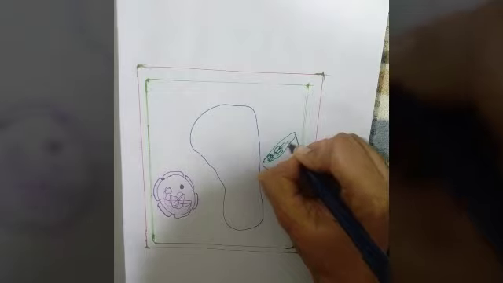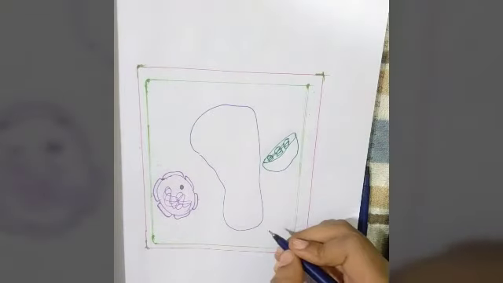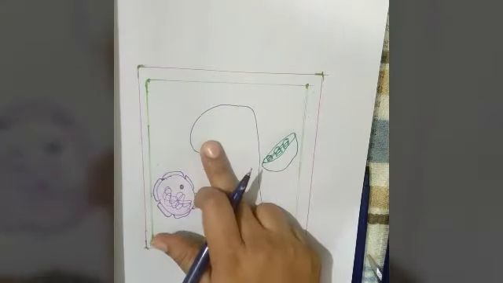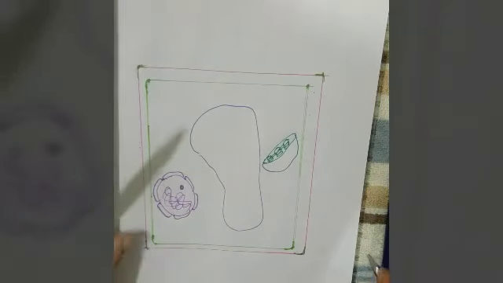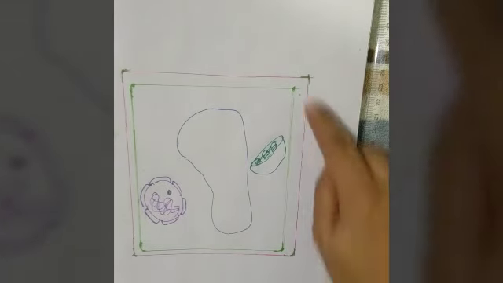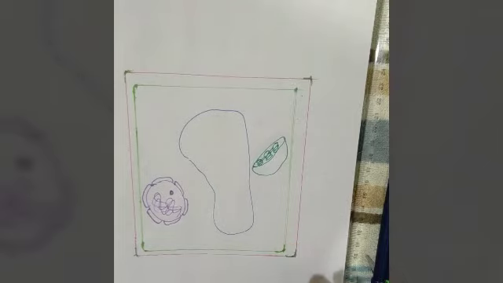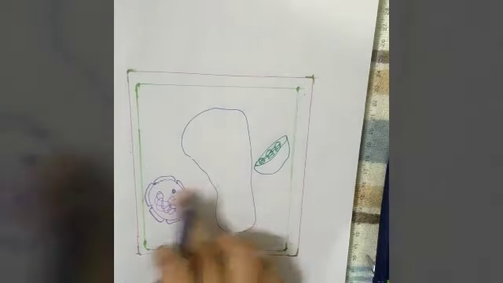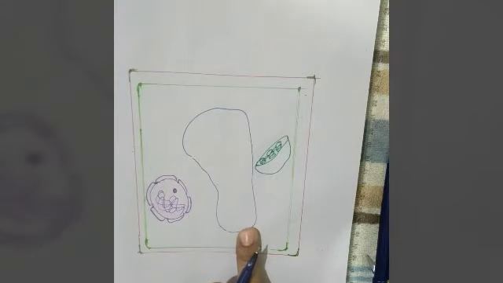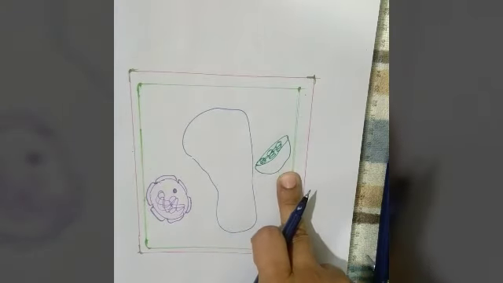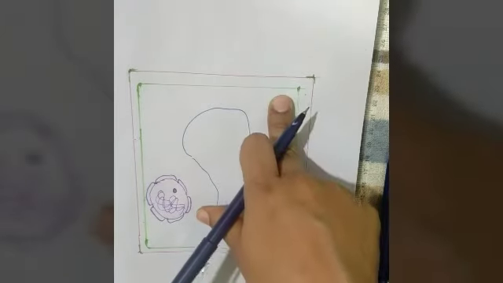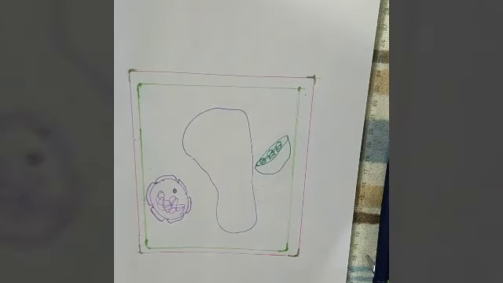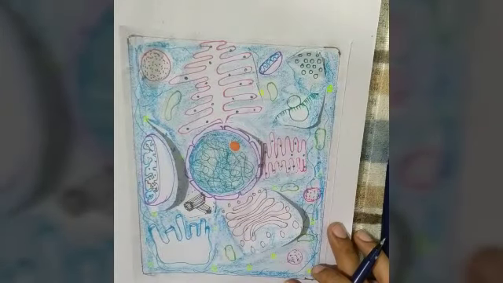You'll make a cut to the chloroplast and a cut to the vacuole. One more thing you find in the plant cell is the cell wall. The rest are the same. A nucleus towards the corner, a big vacuole occupying the majority of the cell, chloroplasts here and there, and the cell wall. Please use your creativity and make your own plant cell.